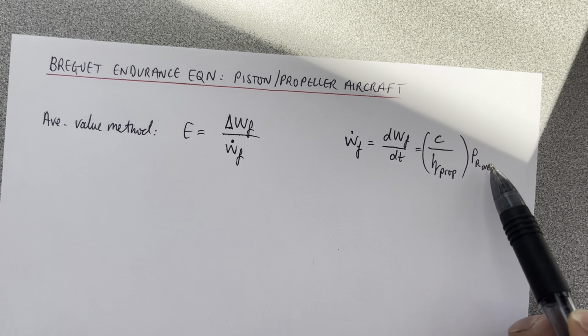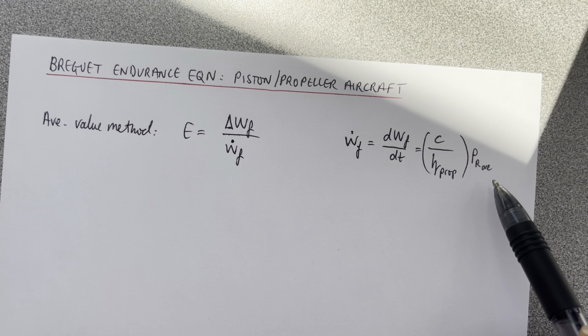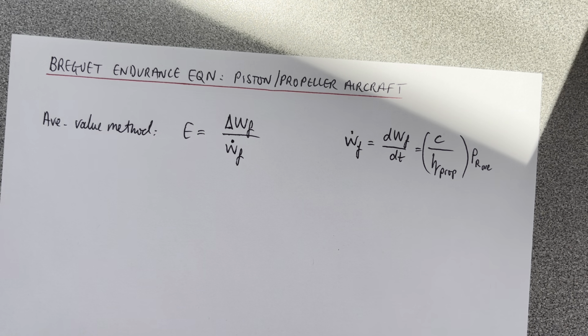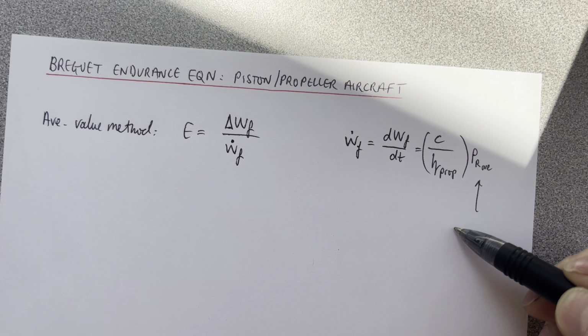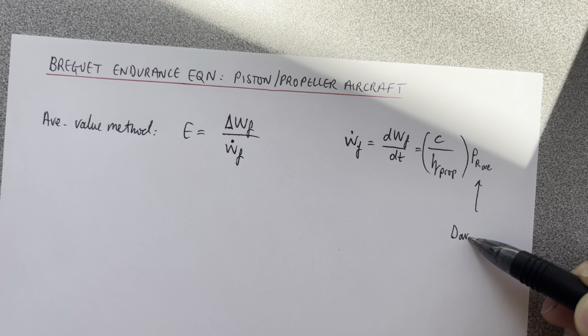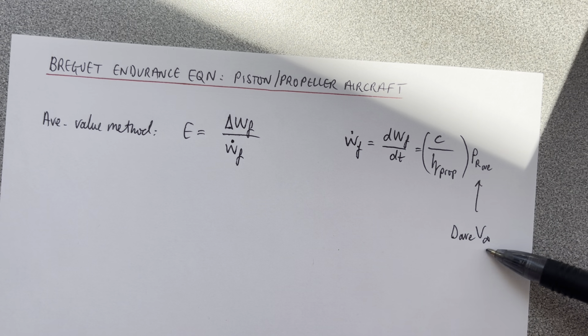This power term here is the power required to overcome drag. If power is just force times velocity, then this is just equal to the average drag that the airplane experiences multiplied by our true airspeed. Power is force times velocity.